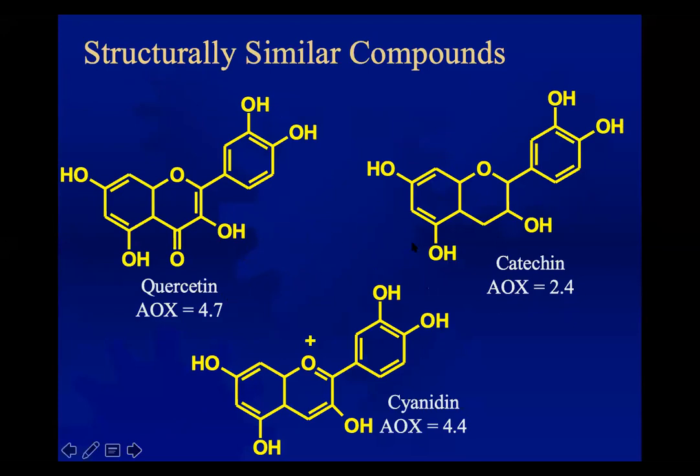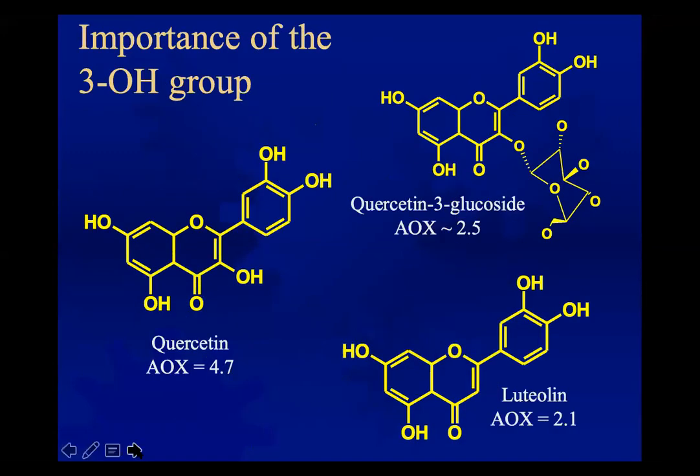Among quercetin, catechin, and cyanidin, which one possesses the highest antioxidant activity? Quercetin. Antioxidant activity is 4.7 on the scale, then cyanidin 4.4, and catechin 2.4. So they are powerful antioxidants.